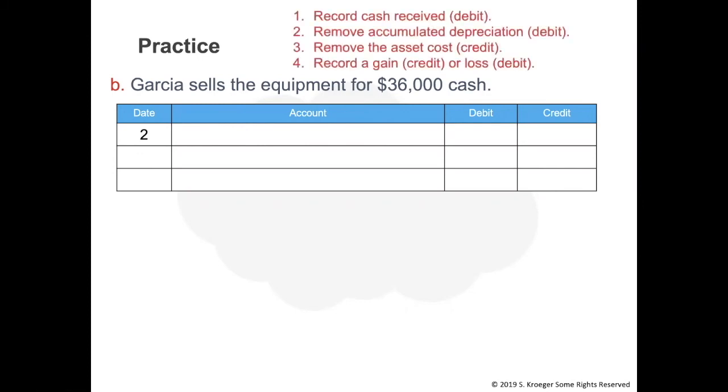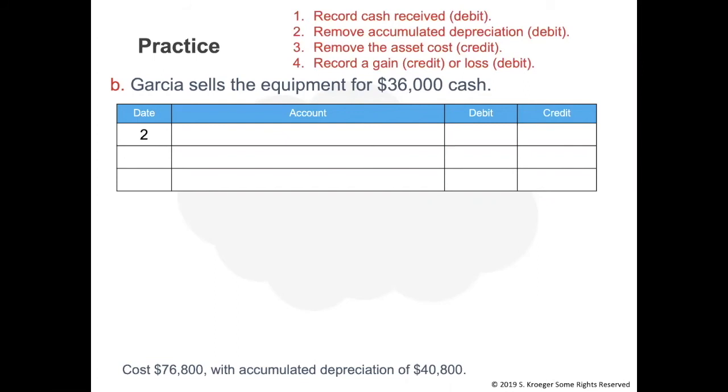For Part B, it's the same information. Garcia sells the equipment for $36,000 cash. I did also copy over the instructions again here, along with some of the information from the problem from the previous slide. Let's still follow the same steps. We record the cash received by doing a debit.